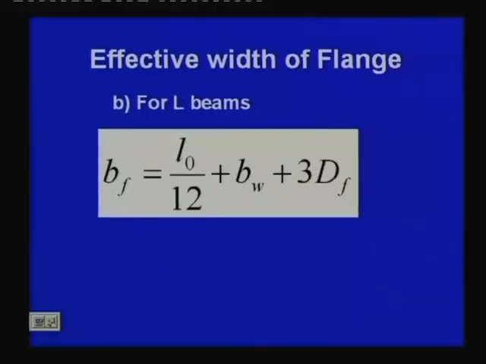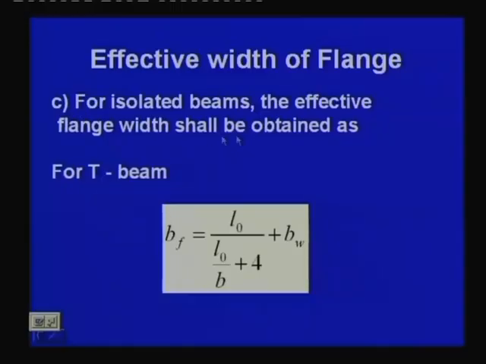Now, what about L beam? For L beams, it is L0 by 12 plus bw plus 3 df. Next, for isolated beams, the effective flange width shall be obtained as for T beams; this formula you will find in IS 456, I have taken it from IS 456 only. So, L0 by 6 plus bw plus 4 df.